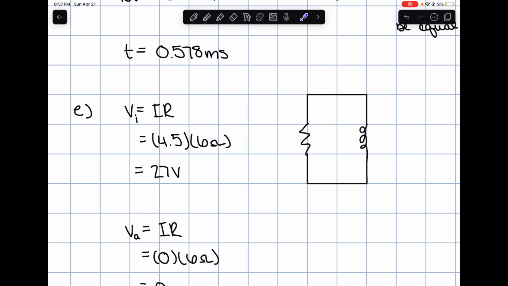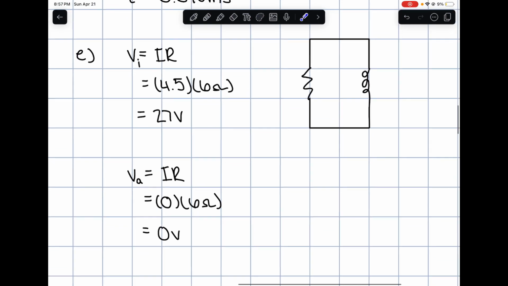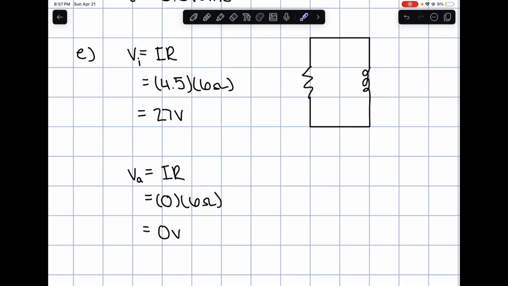However, after a long time passes, the current is slowly going to be decreasing, meaning that the inductor is going to gain more volts. So, after several seconds have passed, the current will then be 0, the resistance will then be 6 ohms, and the voltage across the resistor after several seconds have passed will be 0 volts.